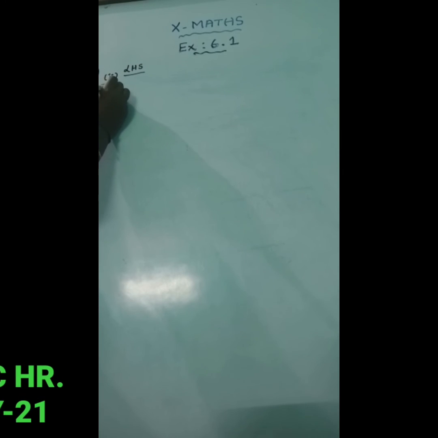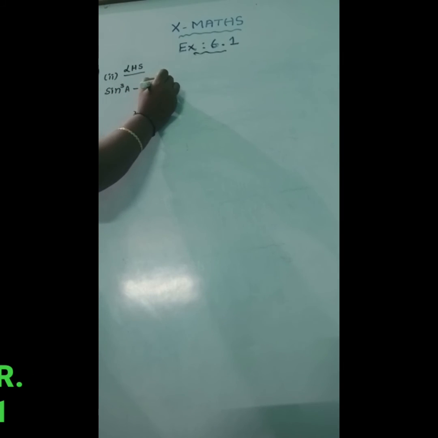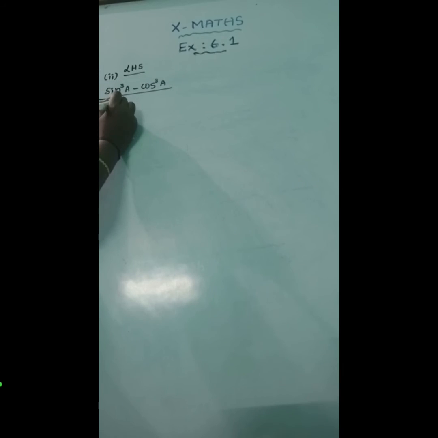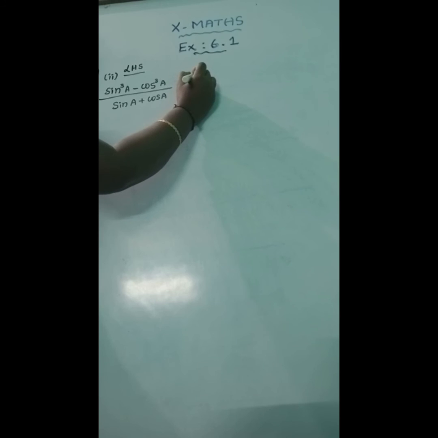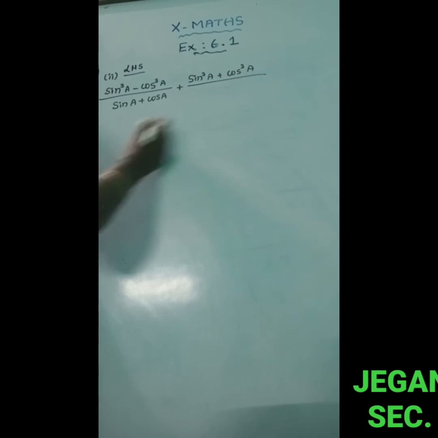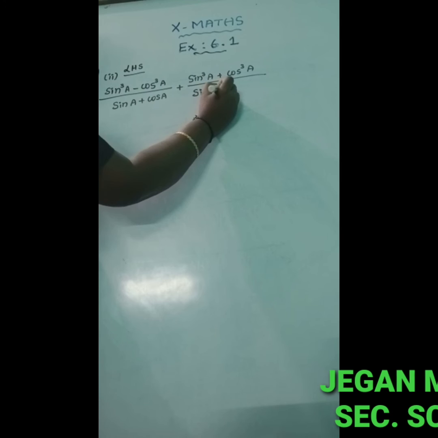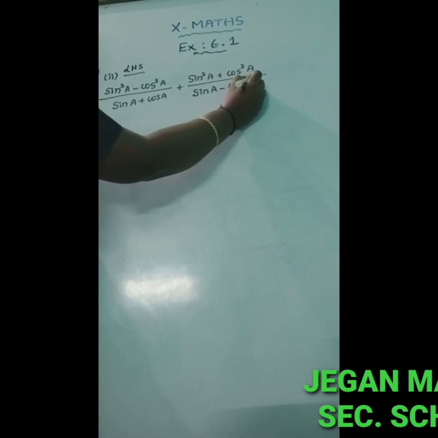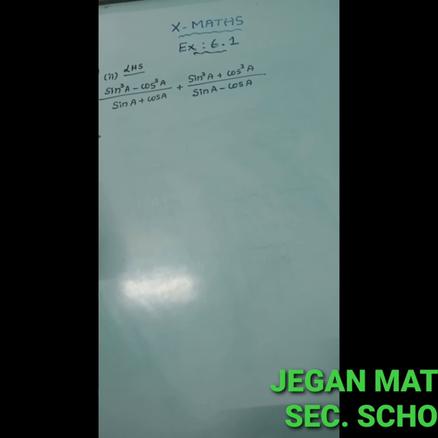That is sin cube A minus cos cube A divided by sin A plus cos A, plus sin cube A plus cos cube A divided by sin A minus cos A.